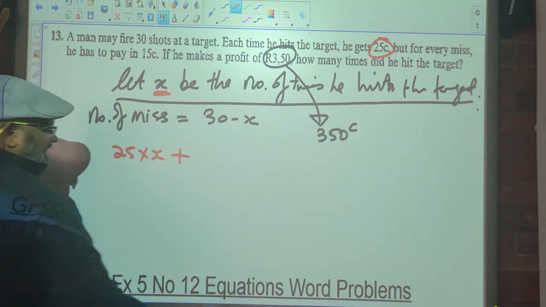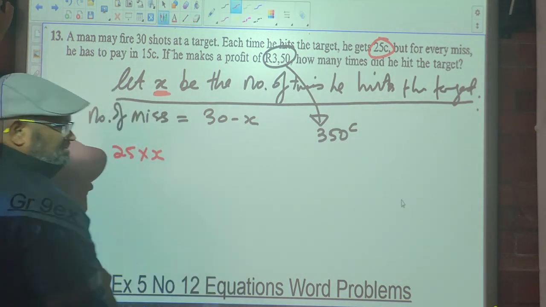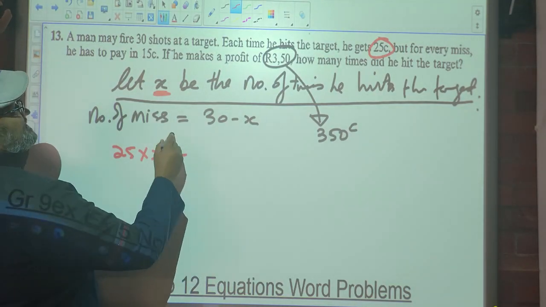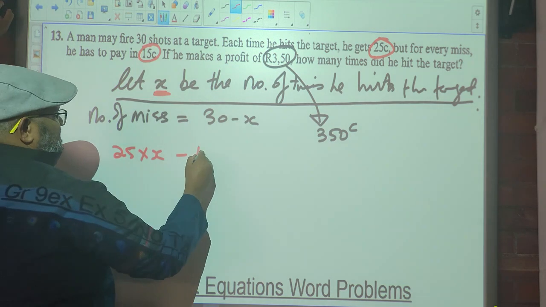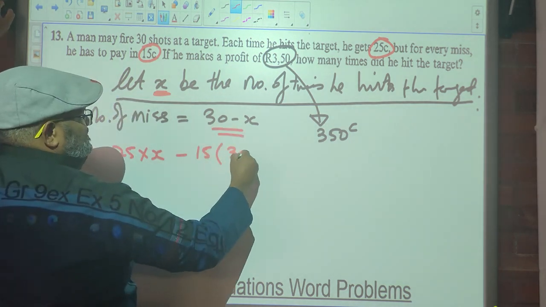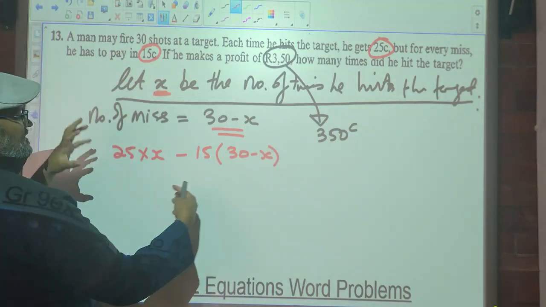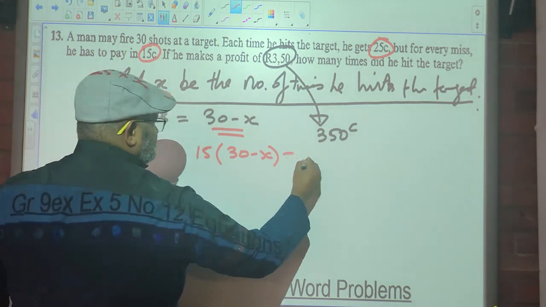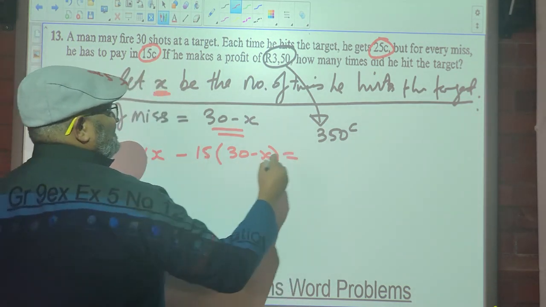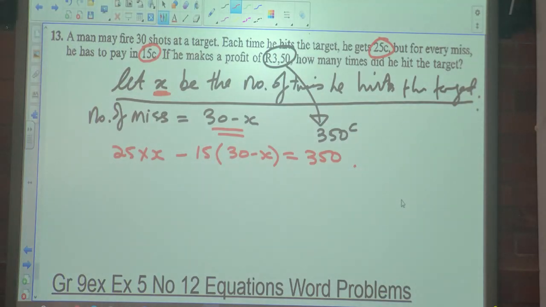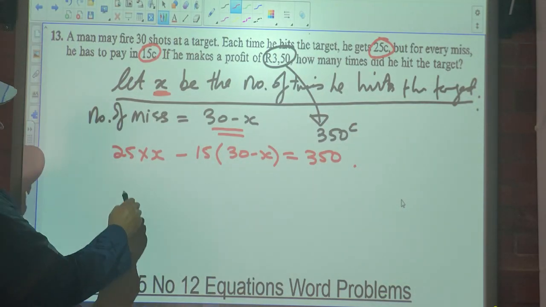And you must subtract the times he misses the target, so it's minus 15 cents multiplied by the number of times he misses, which is 30 minus x. His total is 350 cents. Too many words here, no?